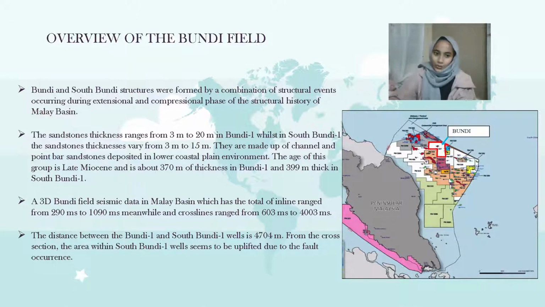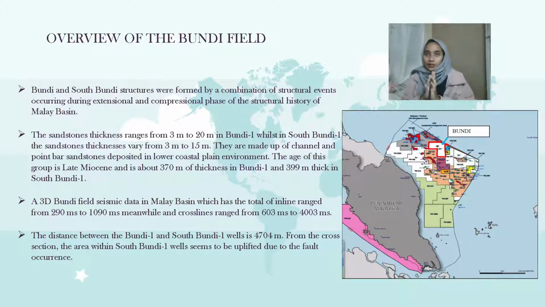Proceeding to the overview of the Bundy Field. Bundy and South Bundy were formed by the combination of structural events which I have explained in the previous slide, such as the thermal subsidence, the fault extension, and the compression.